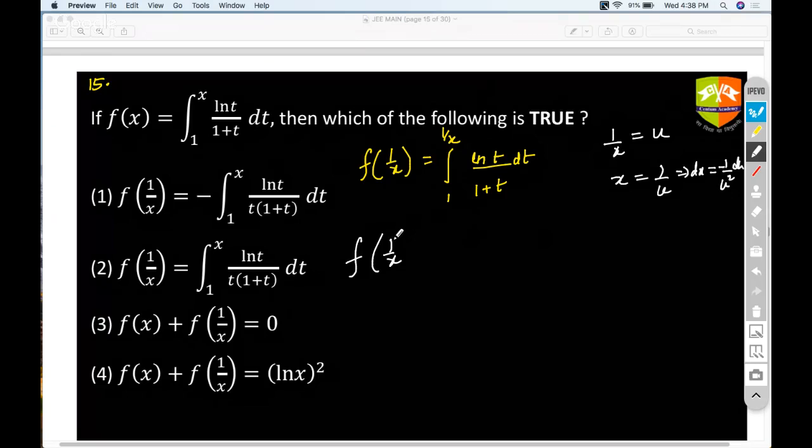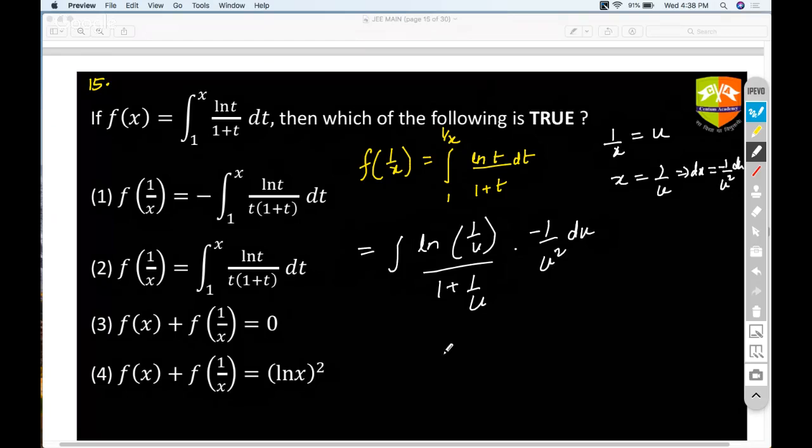So in that situation, your entire expression becomes ln of 1 by u by 1 plus 1 by u into negative 1 by u square du. Correct?